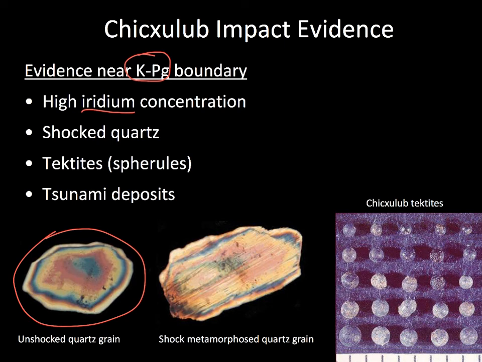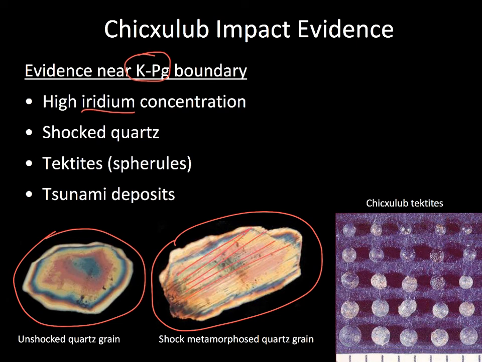They develop these shock metamorphosed looking features, and you can see that right there, all those little lines. It takes a lot of energy to shock a quartz grain like this. And so the finding of shocked quartz grains in the KT or KPG boundary layer is evidence of a high energy event, and the thought is that an asteroid would have been that specific high energy event.